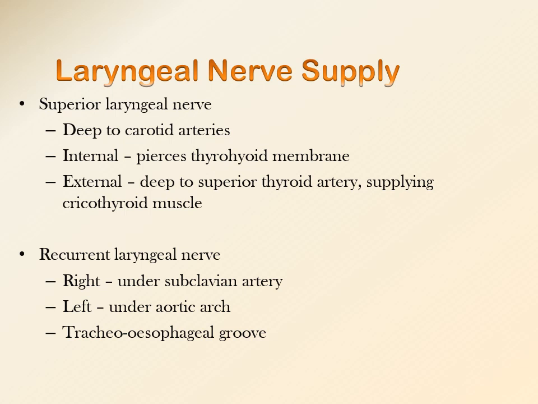Recurrent laryngeal nerve is the main motor supply of the laryngeal muscles. All laryngeal muscles supplied by recurrent laryngeal nerve, except cricothyroid muscle, which supplied by superior laryngeal nerve. Recurrent laryngeal nerve will ascend between trachea and esophagus in the tracheoesophageal groove and ascend to the larynx.